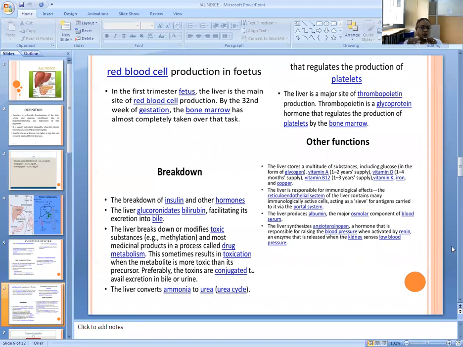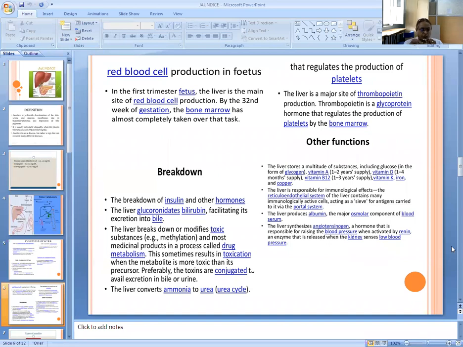Then breakdown function of the liver. There is breakdown of insulin and other hormones like ADH. Then bilirubin excretion, that is an important pathway. Then the liver also breaks down or detoxifies and excretes some toxic substances, that is drug metabolism.